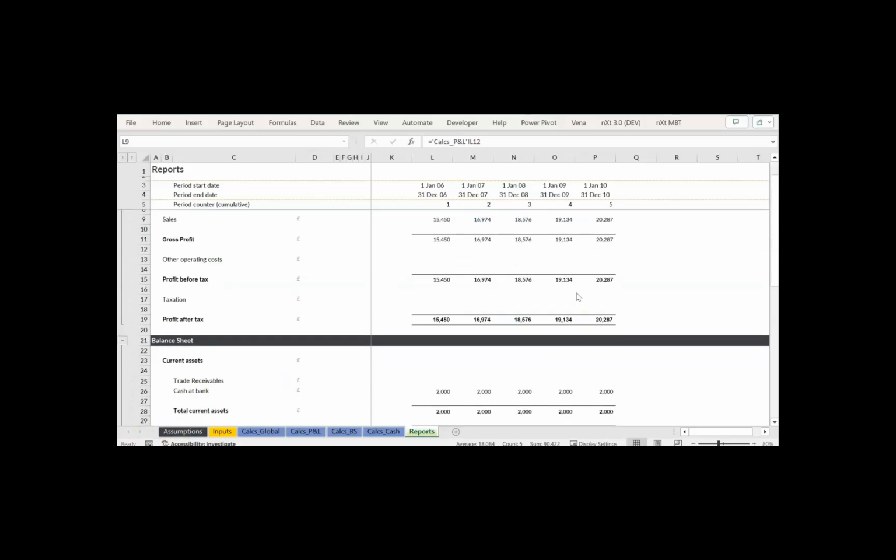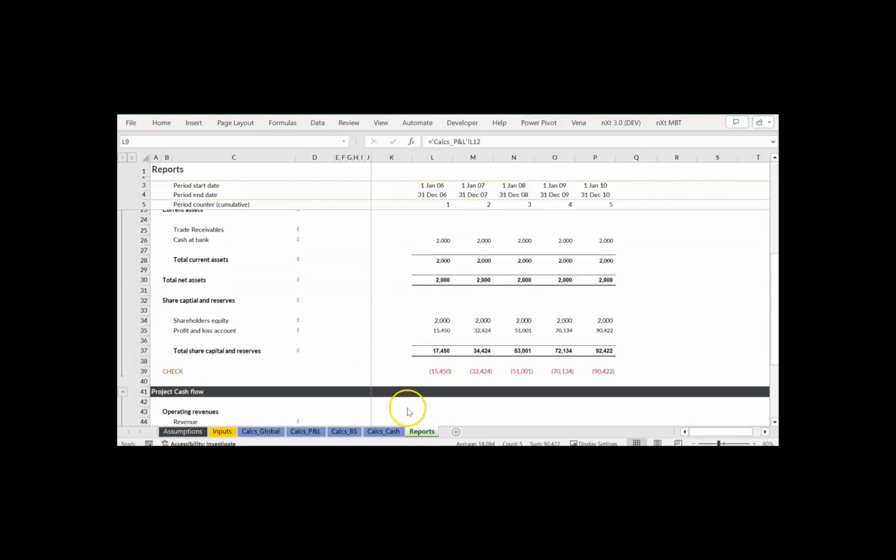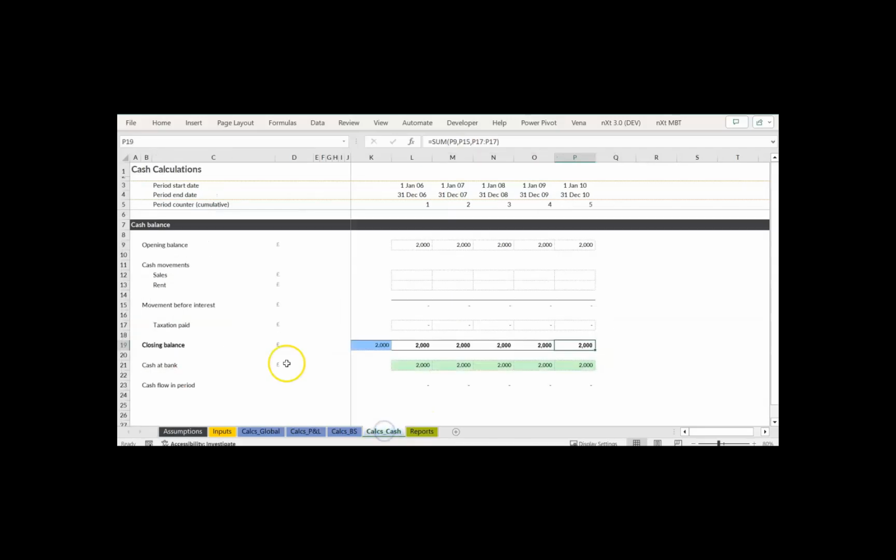You can see now that the balance sheet no longer balances. This is because we haven't completed the double entry for revenue and only credited the P&L. Therefore, we also need to debit cash. We will do this on our cash calc we started earlier. In the cash movements line for sales, we will add our revenue received.